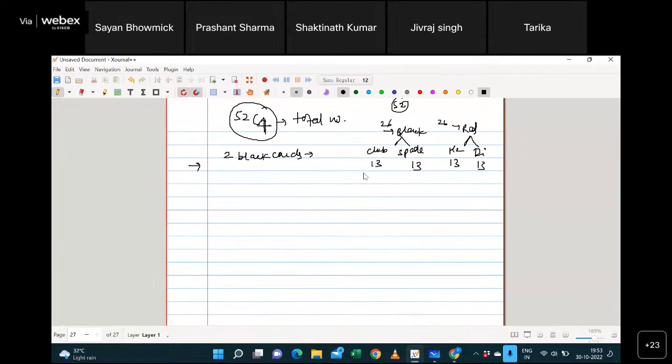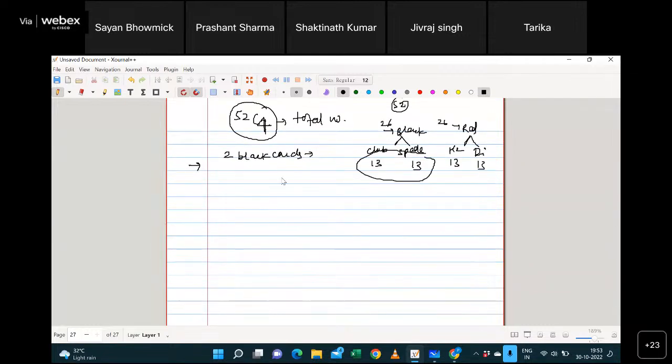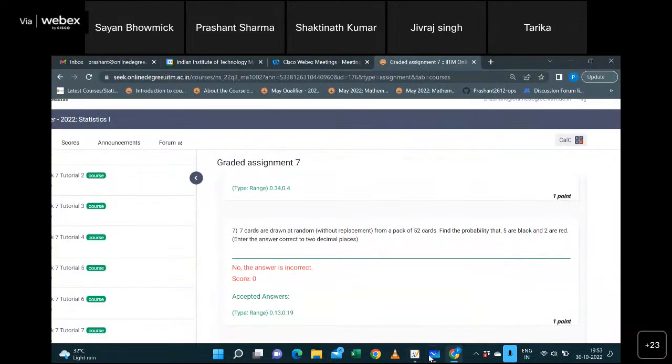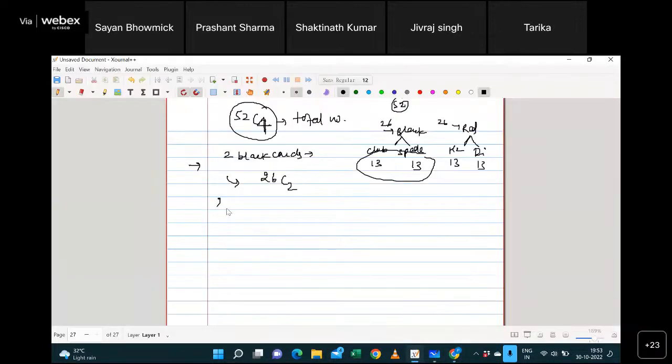So we have a total of 26 black cards, and I can choose 2 black cards in 26 C2 ways. And another is 2 red cards, which can also be chosen in 26 C2 ways. So the probability is 26 C2 into 26 C2 divided by the total number of cases, 52 C4. That's it.